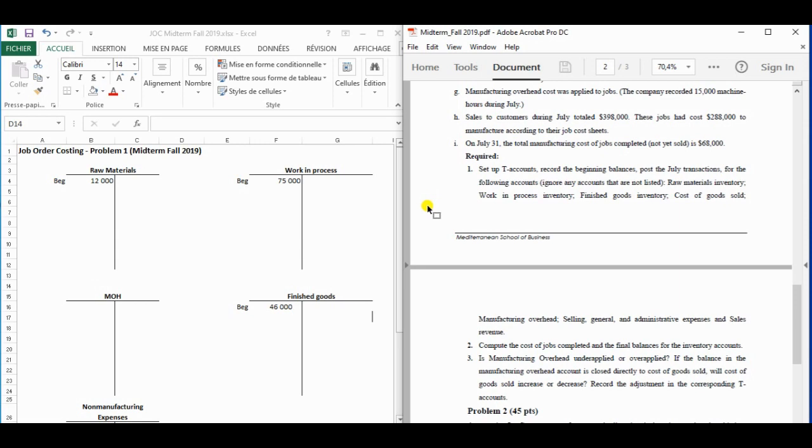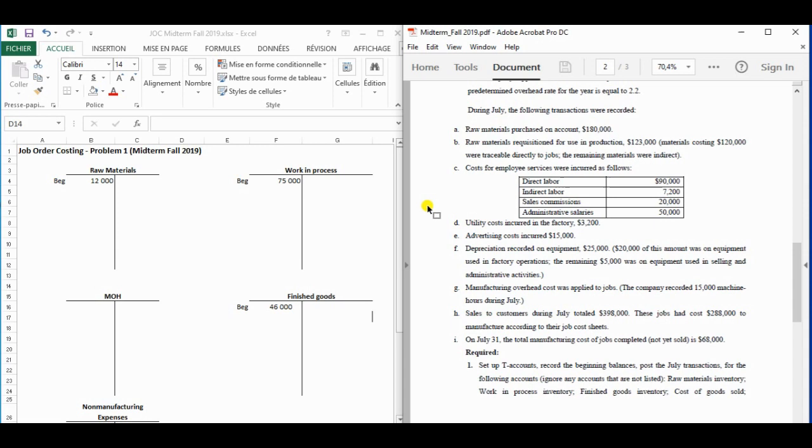Okay, so in this problem we will use raw materials inventory, work in process inventory, finished goods inventory, cost of goods sold, manufacturing overhead, selling, general and administrative expenses or non-manufacturing expenses, and the sales revenue. Okay, so we will start by recording these transactions in these T accounts.